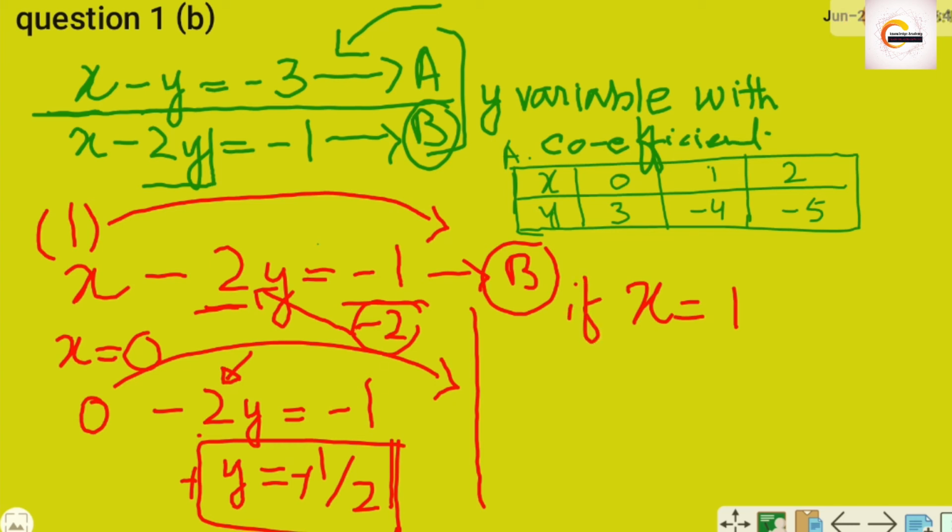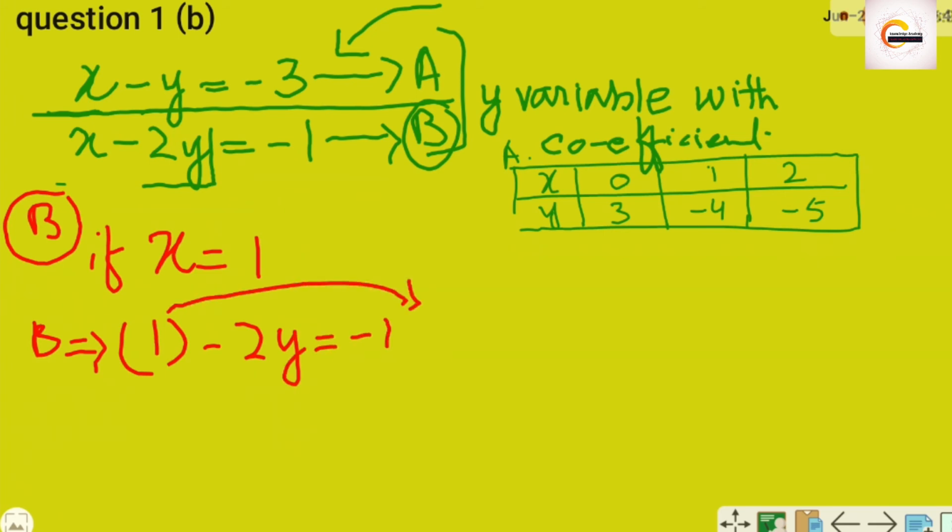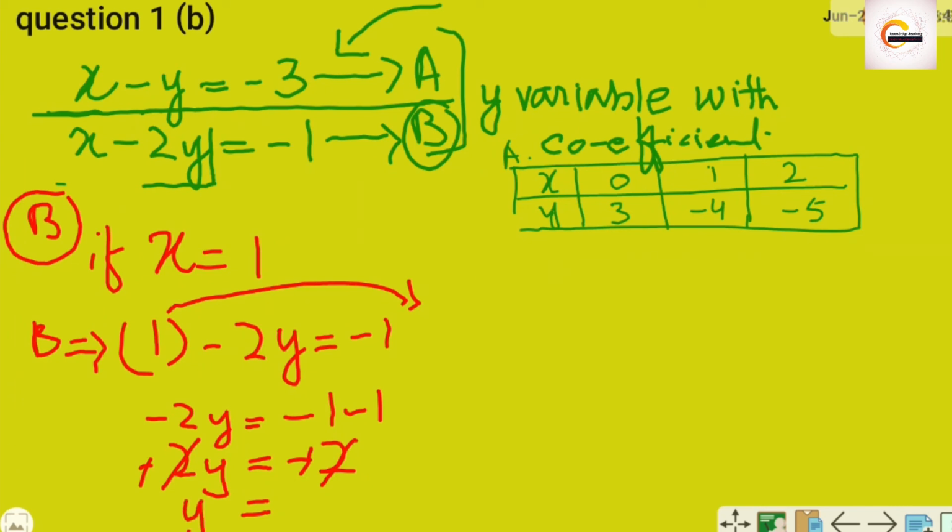Equation b implies 1 minus 2y is equal to minus 1. Now this 1 will go on the other side. Minus 2 is equal to minus 2y, and this cancels because 2 is divisible by 2, becomes 1, and our answer is y is equal to 1. So x comma y is equal to 1 comma 1.